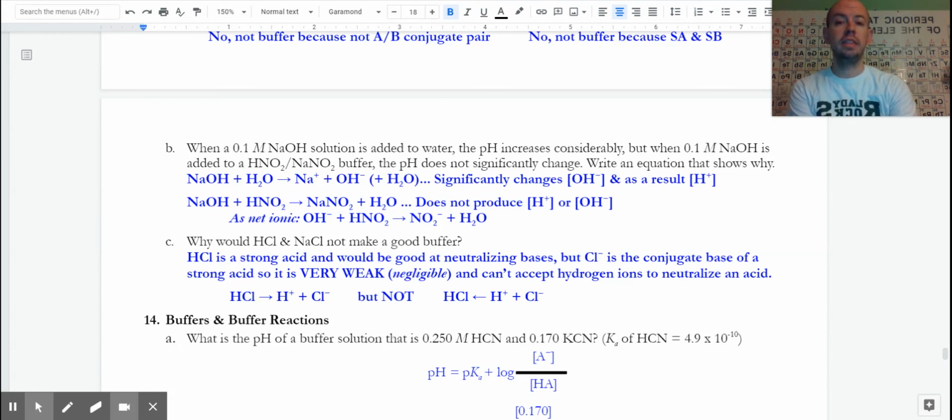It won't neutralize anything. We can neutralize plenty of stuff with the HCl, but the Cl minus from the NaCl is unable to. It's one way, it's not equilibrium. It is so weak in terms of its basic properties that it cannot neutralize.